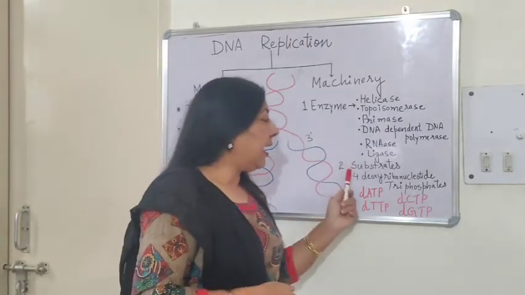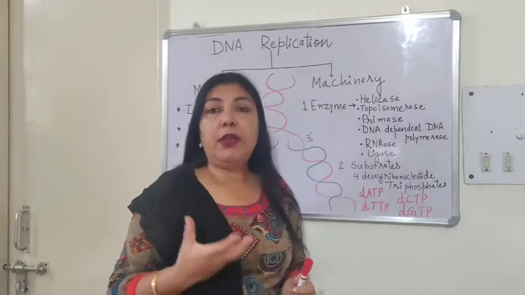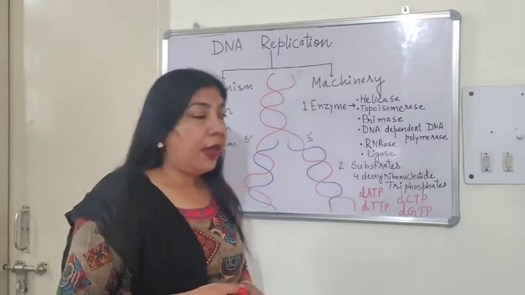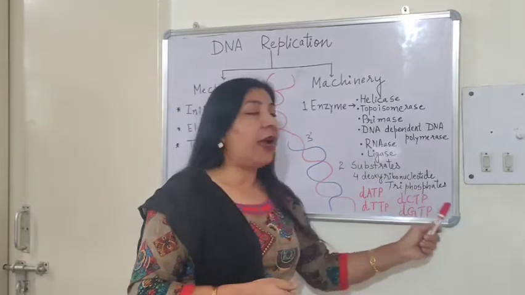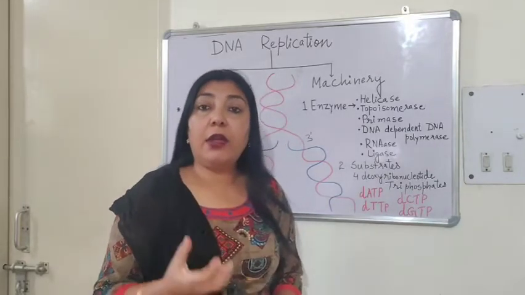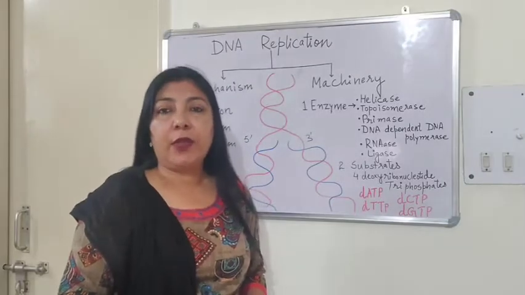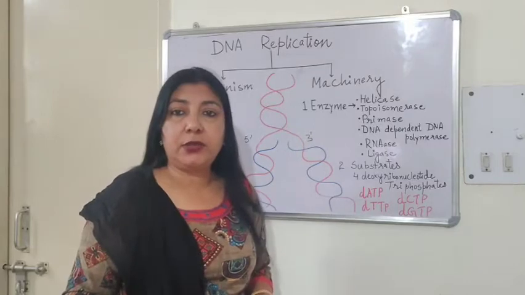Then the second machinery involves the substrates. What are the raw materials required for DNA replication? Here, the deoxyribonucleotide triphosphates are the raw materials which will form the new strand. They are present in the cell pool and they have to be charged.